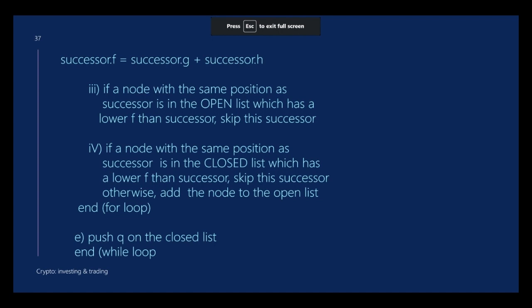The while loop will continue until the open list is empty, or if we have reached the target node. Once we have reached the target node, which means we have found the shortest distance to it, we have achieved our target.